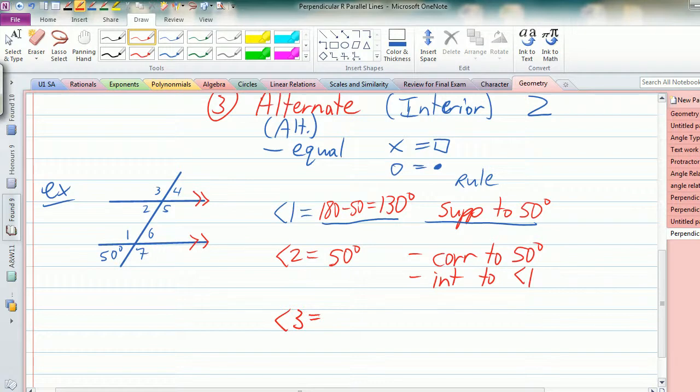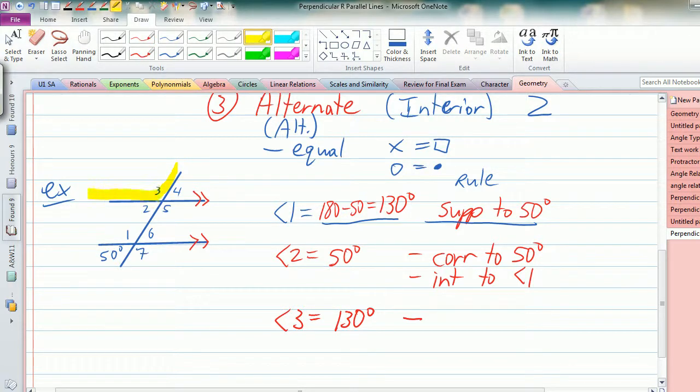Angle 3. So what can we say about angle 3? What's its value and why? Eden? It's the same as number 1. Yeah, it's the same as number 1. Number 1 is 130 degrees. Why are they the same? What's the rule? Trace it with your pencil.